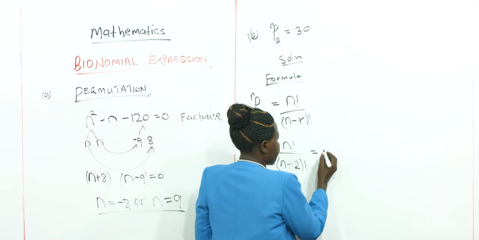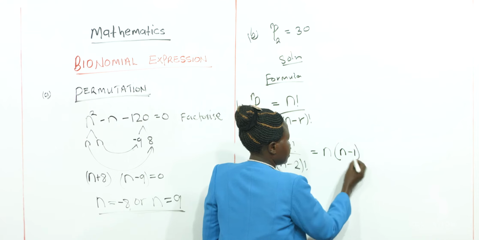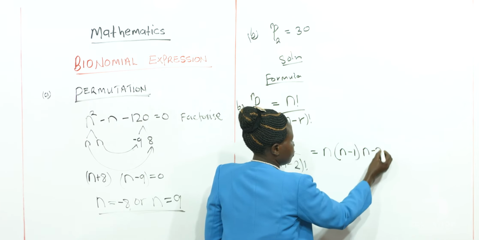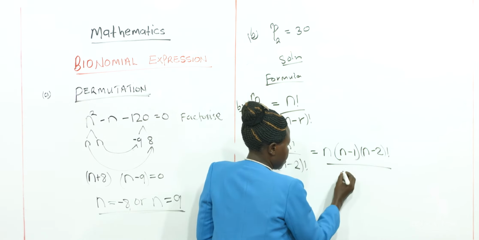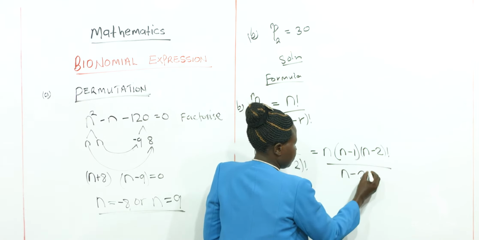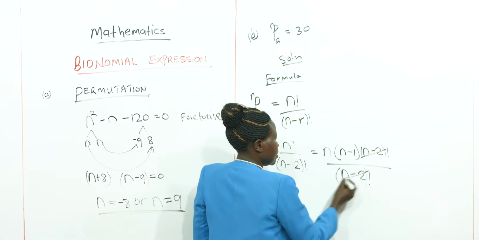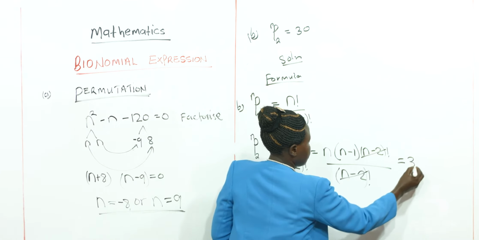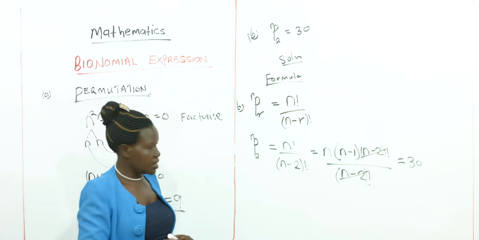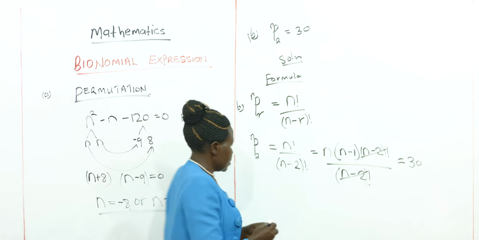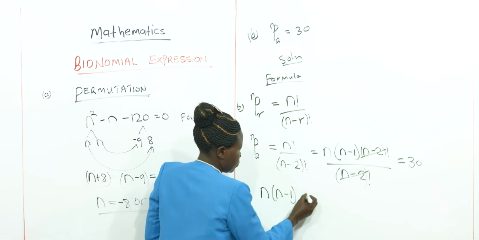So we simply say I will have n into n minus 1 into n minus 2 factorial over n minus 2 factorial, so that we can now eliminate the division, and then we say equals to 30. So when we eliminate the division, we remain with n into n minus 1 equals to 30.